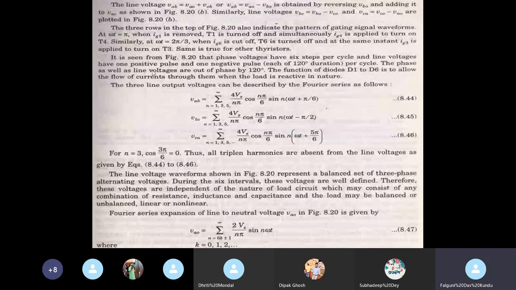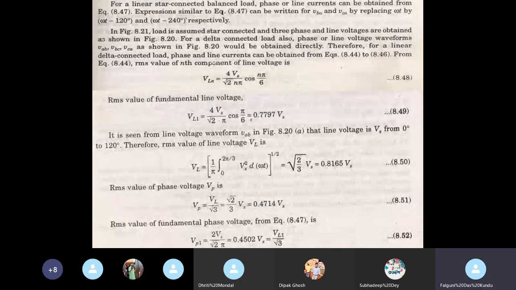so these are the values of VAB, VBC and VCA, with omega t plus pi by 6, minus pi by 2 and sine n omega t plus pi by 6. Okay, if we put Fourier series expansion, then VA0 is equal to summation of n equals 6k plus minus 1. Here we use 6k as there are 6 thyristors used, to VS by n pi sine of n omega t.